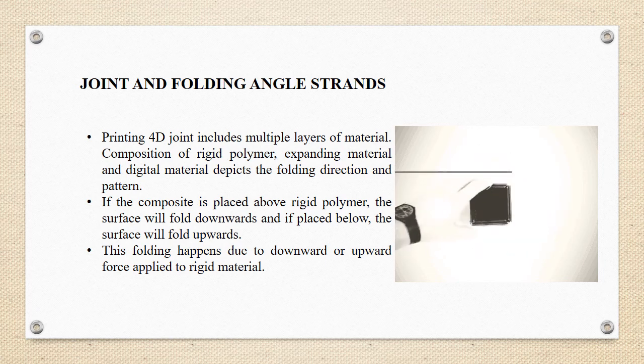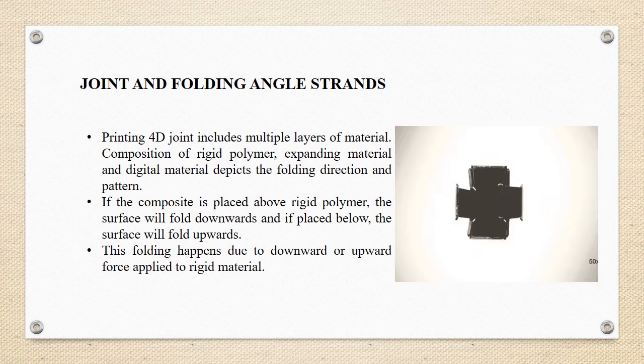If the composite is placed above the rigid polymer, the surface will fold downward, and if placed below, the surface will fold upward. The folding happens due to downward and upward force applied to the rigid material. It is the main factor of folding.